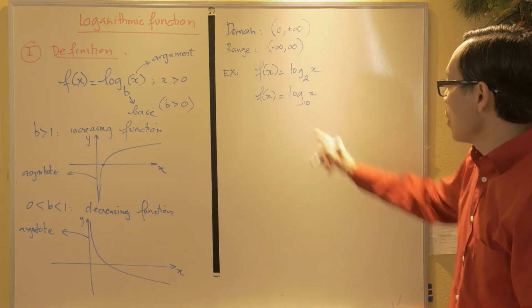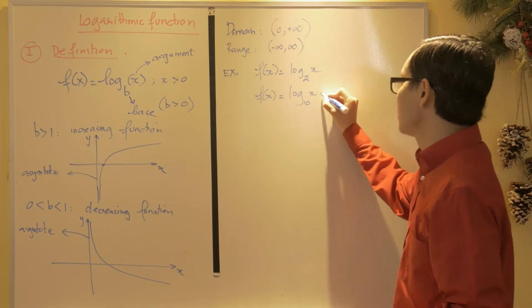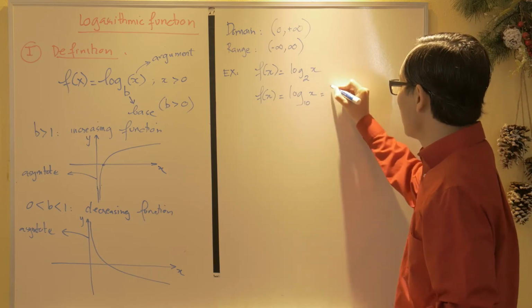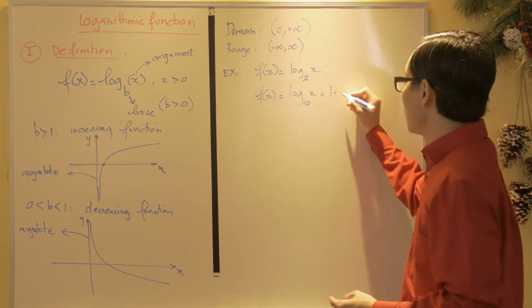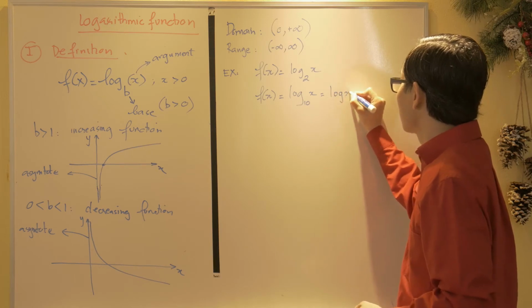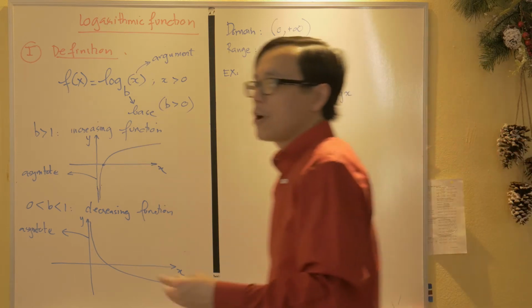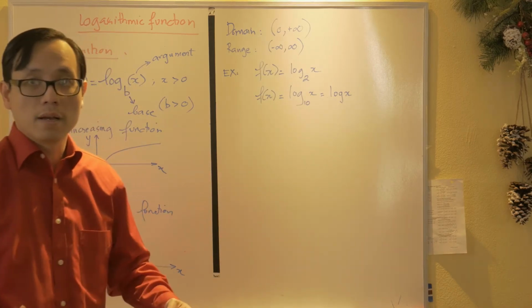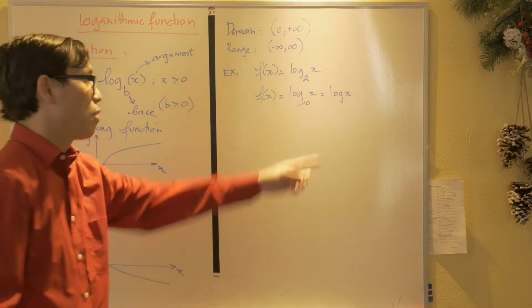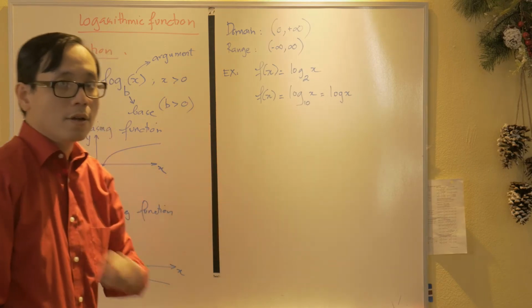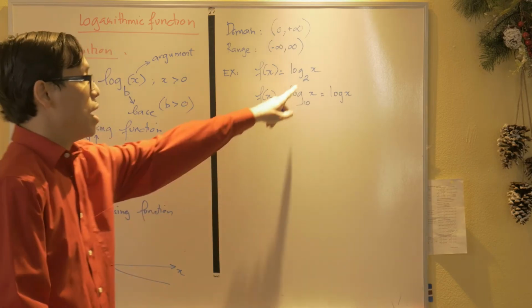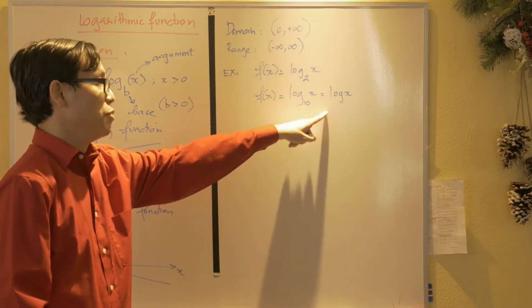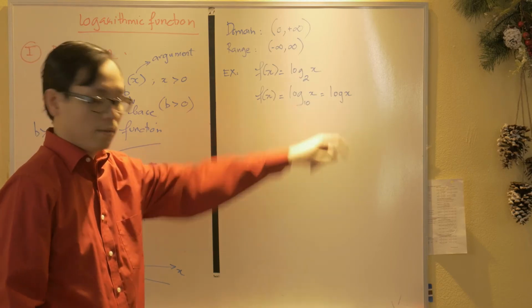Every time you have log base 10, you can throw away the base and write it as log x. So every time you write log x, mathematically that means log base 10. So don't ever miss the base unless you mean log base 10.